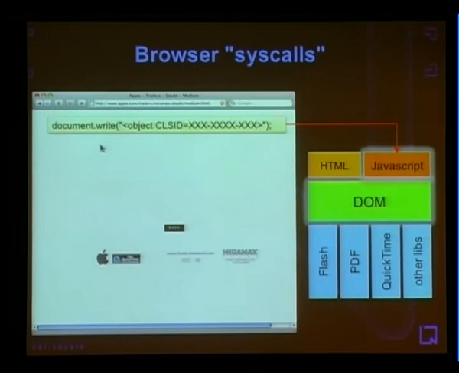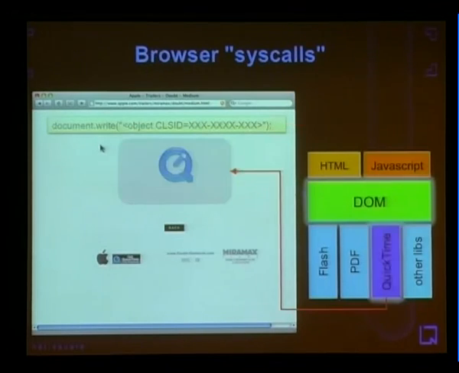This will load up the QuickTime player. You're trying to load up a QuickTime movie inside a browser. So QuickTime player will be loaded up and displayed in the browser. Internally, what happens, a QuickTime instance is created and runs in the same process context as the browser itself. So if QuickTime blows up, you get control of the whole browser.